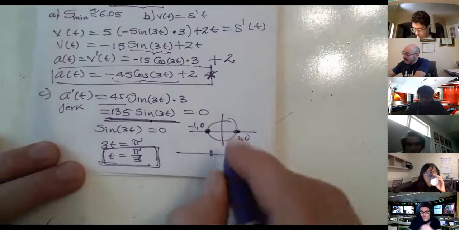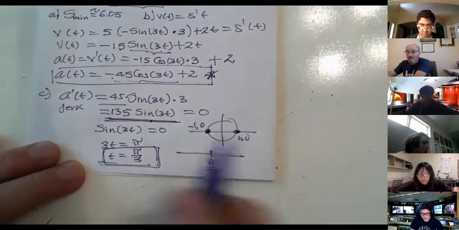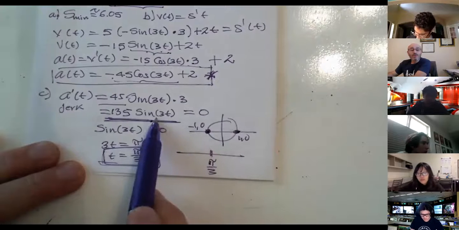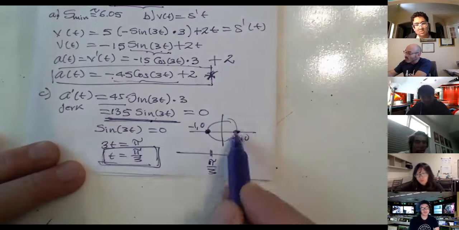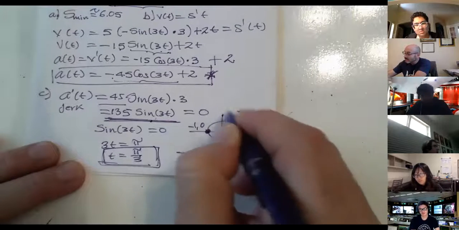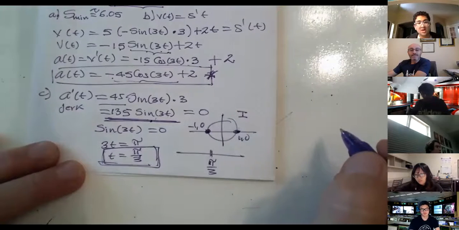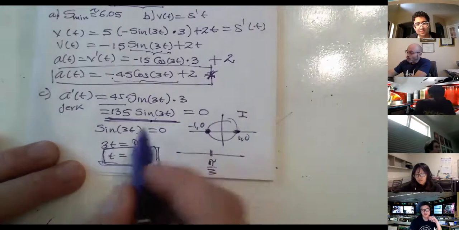We just found that this is 0 at pi thirds. Look at what we're working with. If t is between 0 and pi halves, how is sine in the first quadrant? Positive, correct?